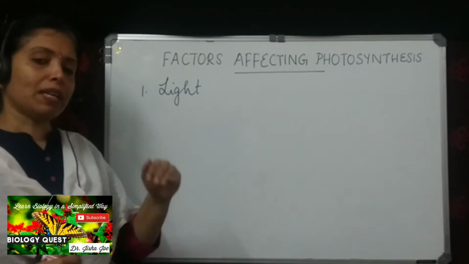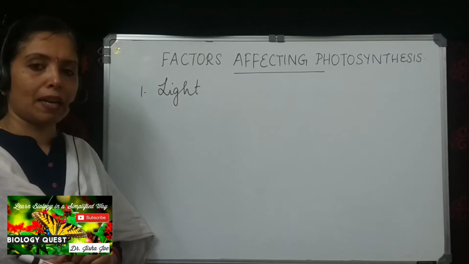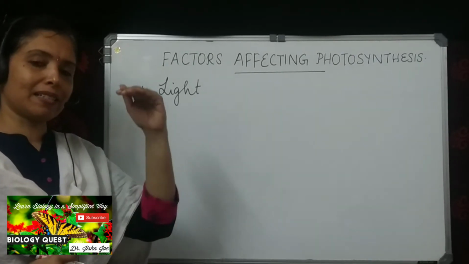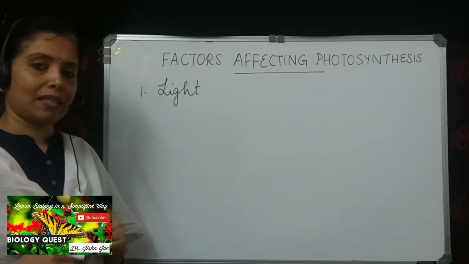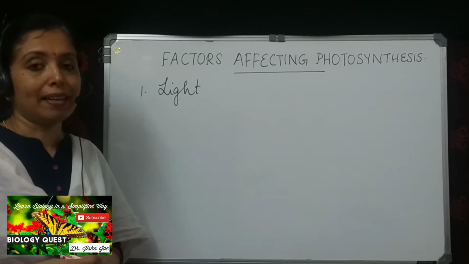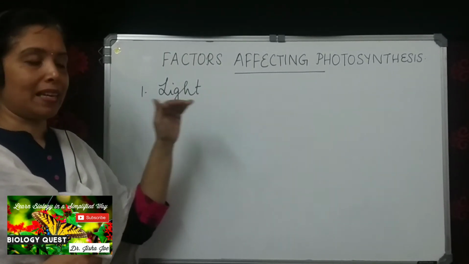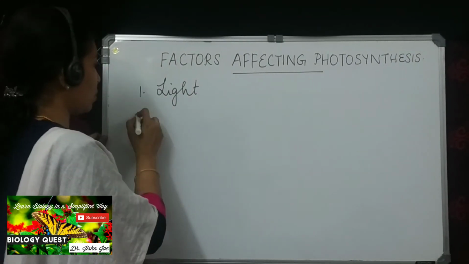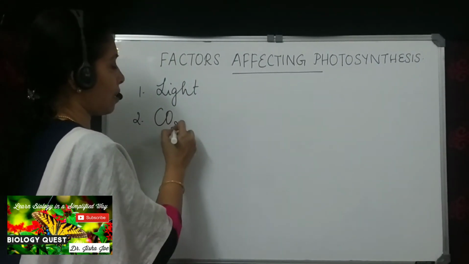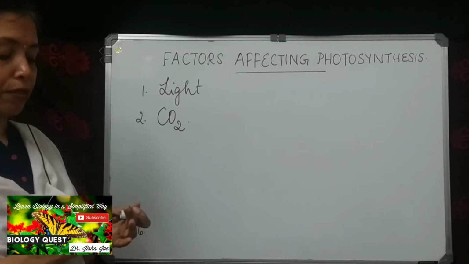So if we increase the concentration of carbon dioxide, again with increase in light intensity, we can see that photosynthesis will increase. So I hope you have understood how light intensity and carbon dioxide concentration act as important factors in photosynthesis.